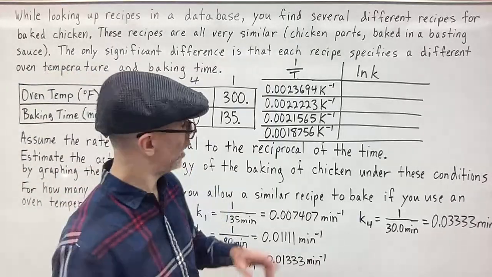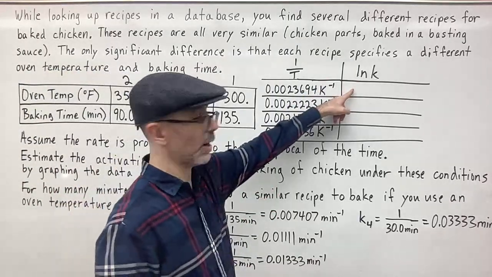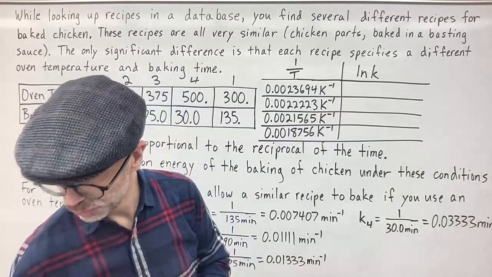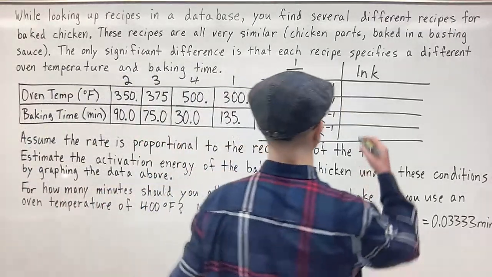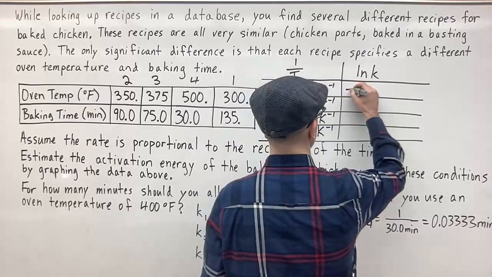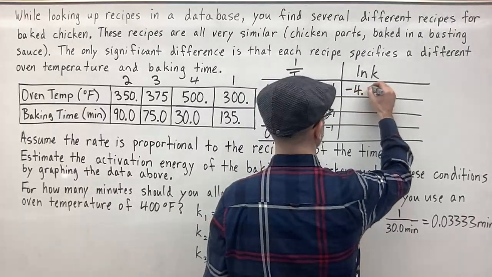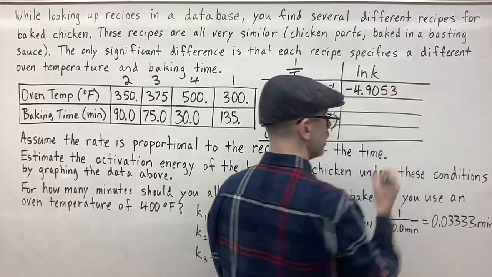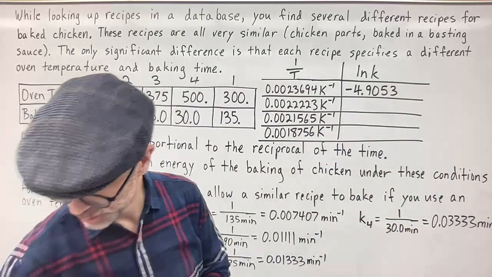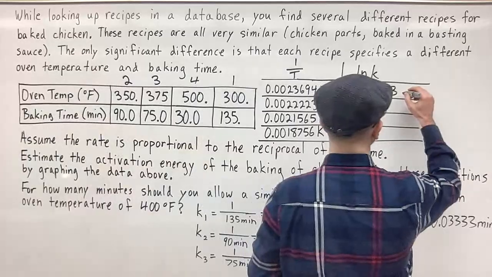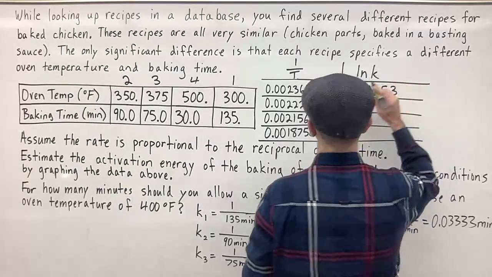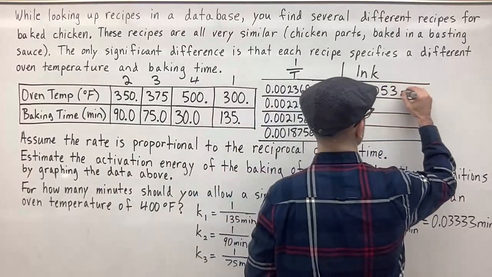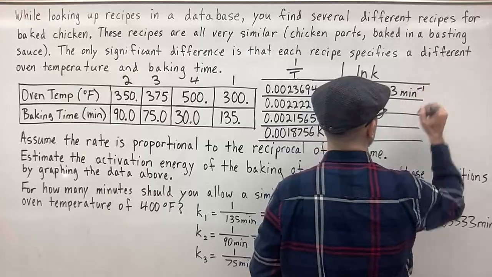So for point number 1, I got negative 4.9053, I believe it was. Yep, and that's per minute.